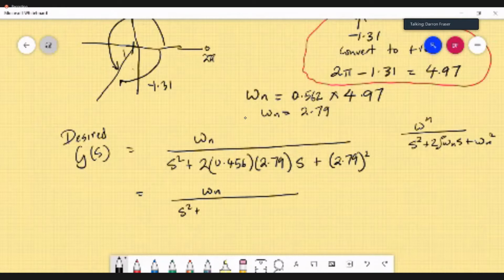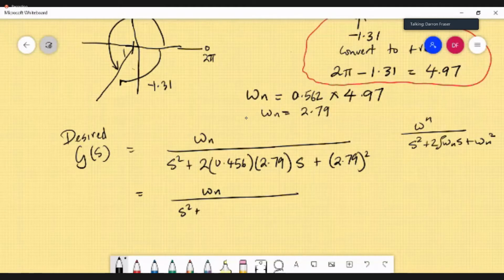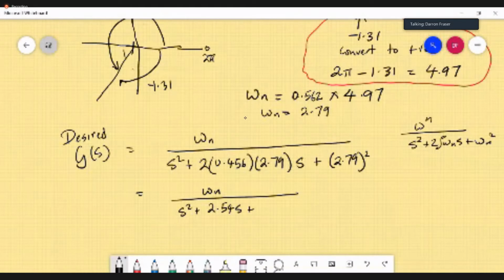I got 2.54 for this part. Tell me if that's what you get. Same thing, sir. And the next part, 2.79 squared, is 7.78.